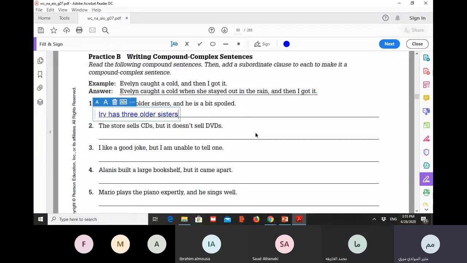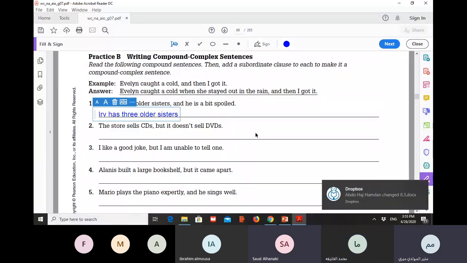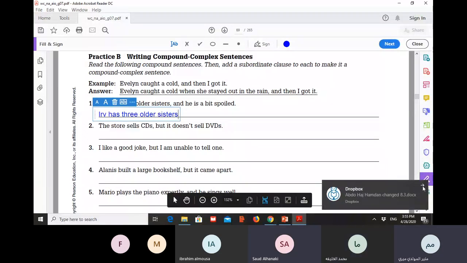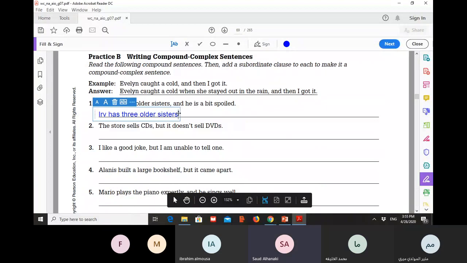Can you give me an answer? Start with a subordinating conjunction, using, for example, who. What do they do? Who?